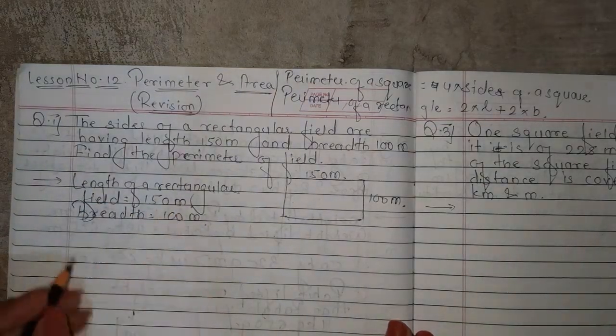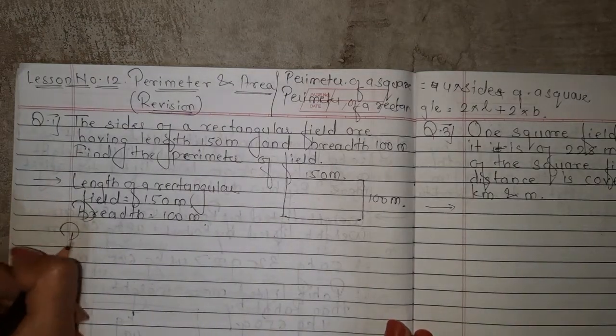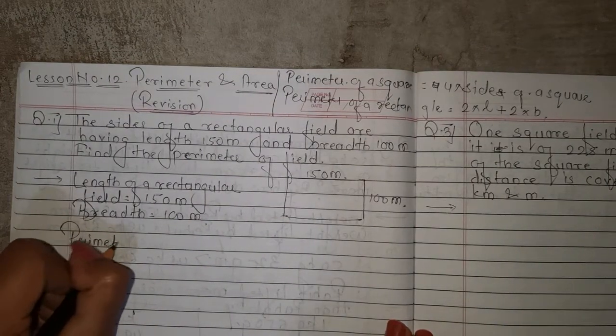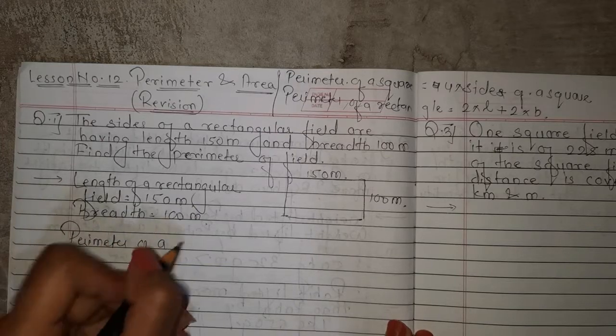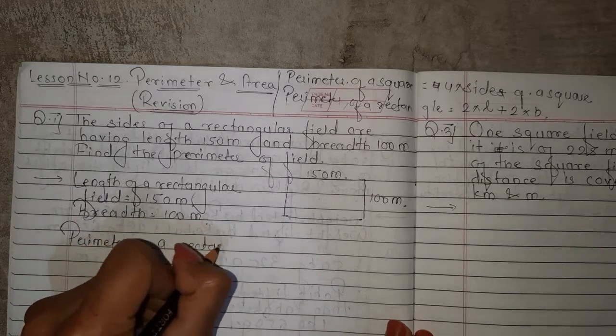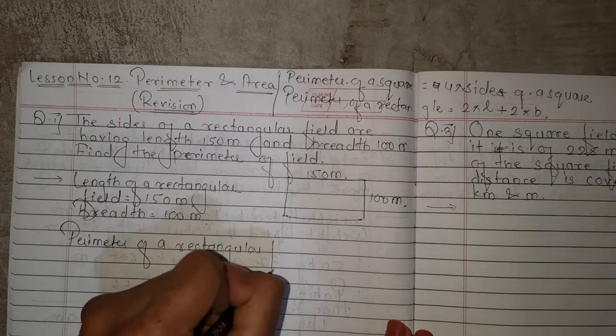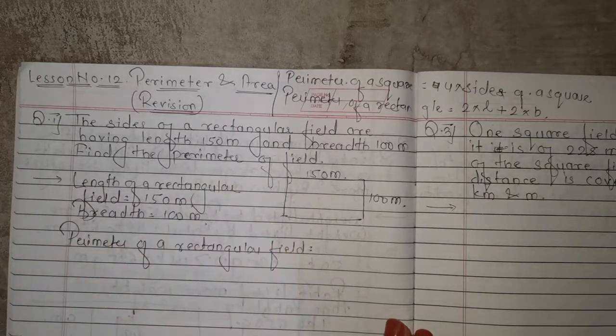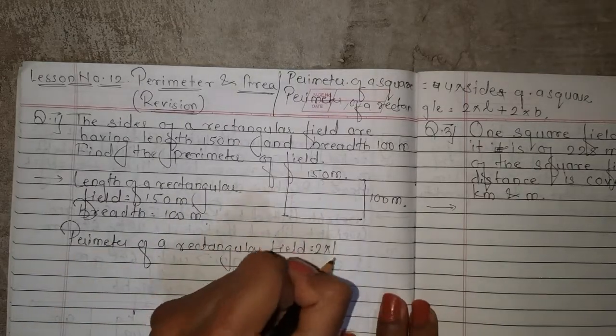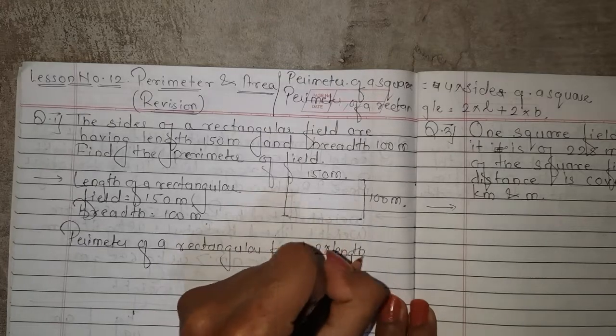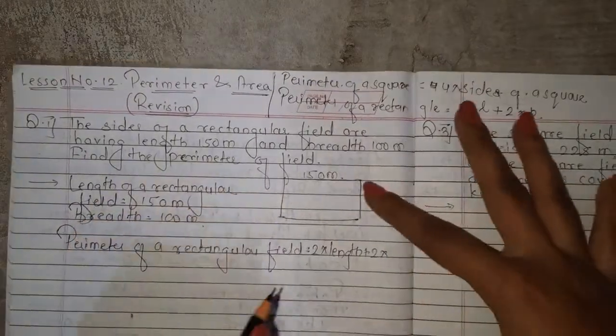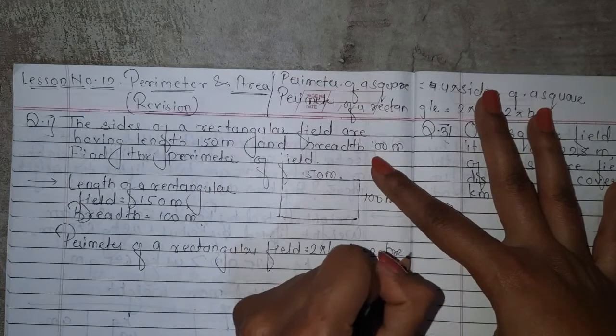We have to find out the perimeter. So perimeter of a rectangular field is equal to formula 2 into length plus 2 into breadth.